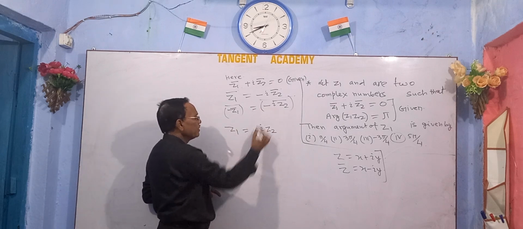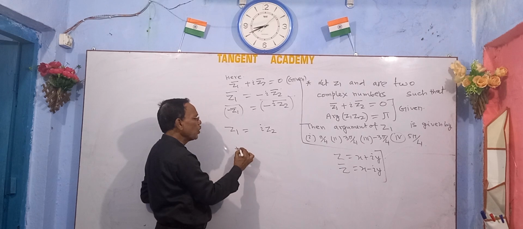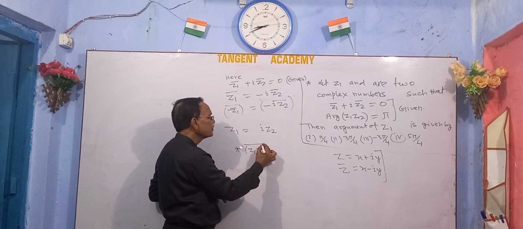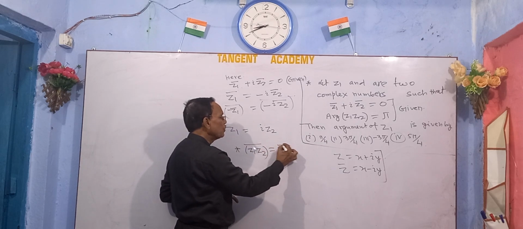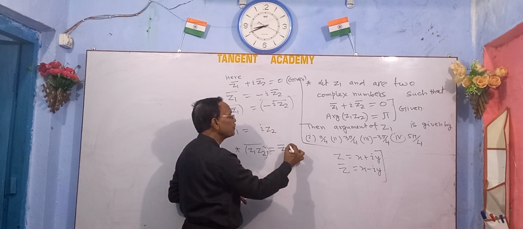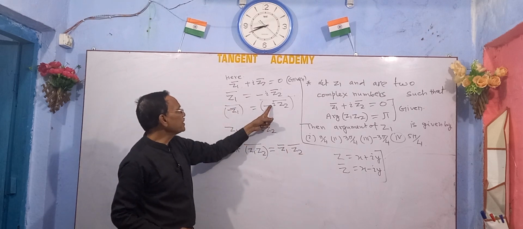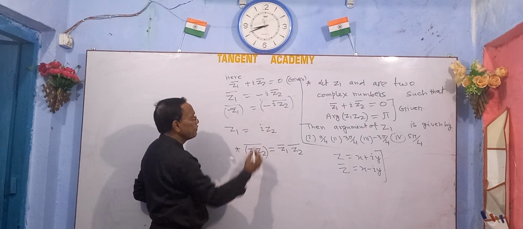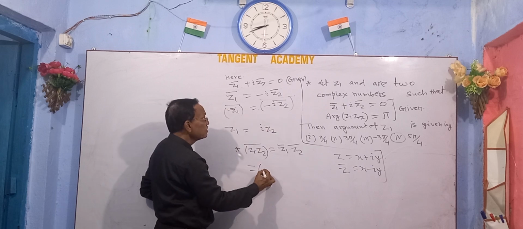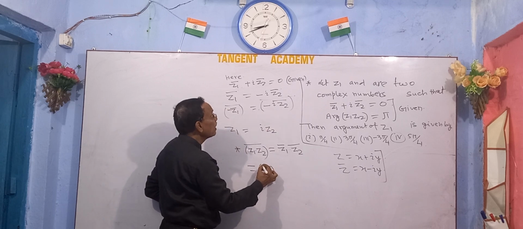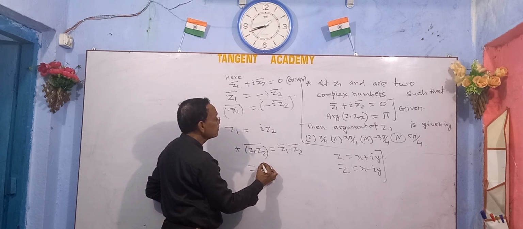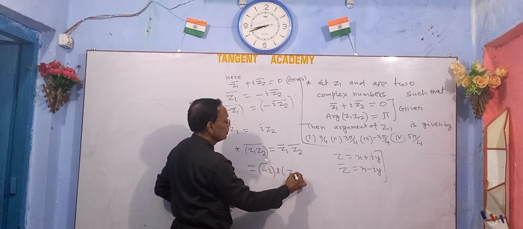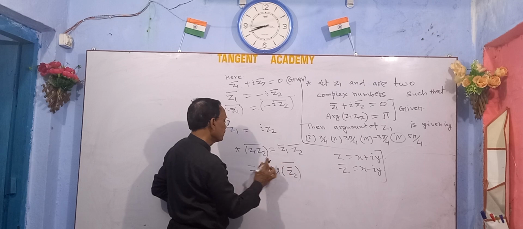Here we can see one more property: the conjugate of Z1 into Z2 is equal to the product of their individual conjugates. Applying this to this complex number, minus iota bar into Z2 bar whole bar.